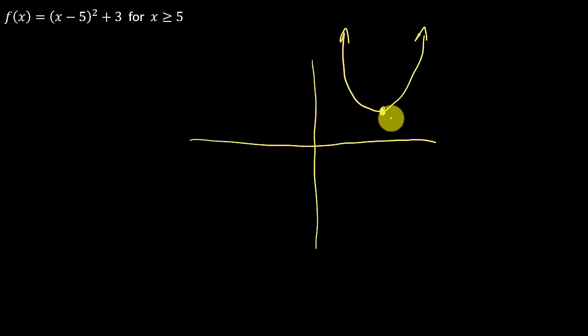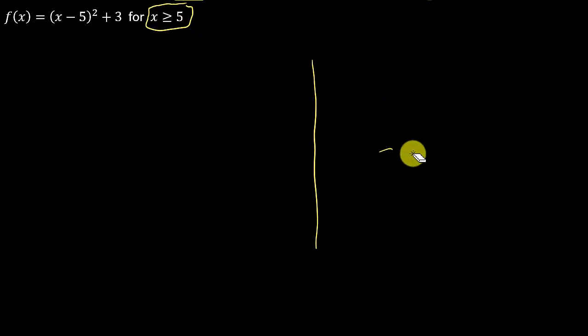We're only using x values greater than or equal to 5, so we're not using that side of the graph. Now when we draw a horizontal line through it, it's 1-to-1. This will be important at the end of the problem, but that's why it's there, to make this function 1-to-1.